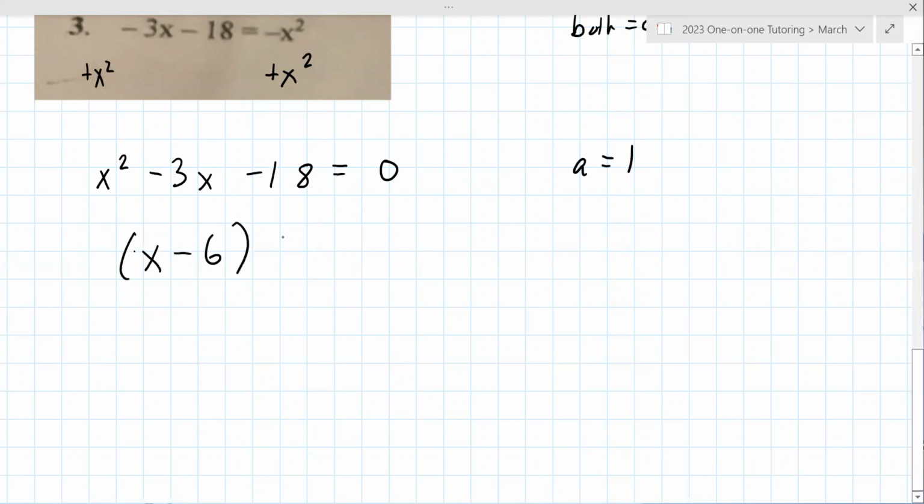Okay, so that becomes x minus 6, x plus 3 equals 0. What are the two solutions that come from this? x equals 6 and x equals negative 3.